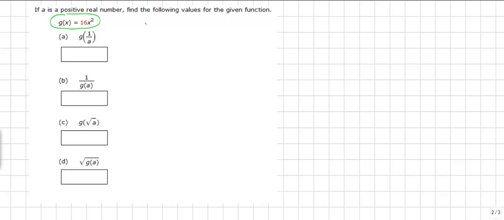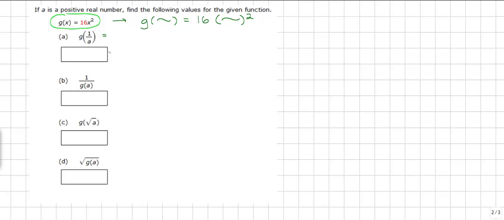Here's the way I like to teach this to my students. Think about the parentheses around the x as sort of being a blank. Okay, the x is your independent variable, and what you're doing is taking the independent variable, squaring it, and multiplying by 16.